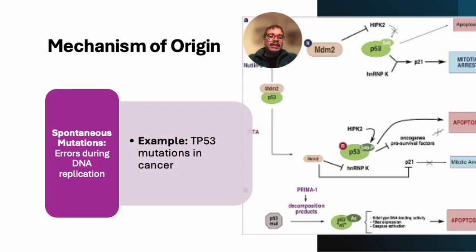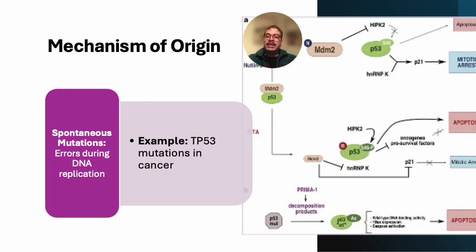TP53 mutations are associated with many types of cancers, such as lung, breast, and colon. For example, these mutations often correlate with poor prognosis and resistance to chemotherapy and radiation, as these treatments rely on P53-mediated apoptosis, which means cell death.